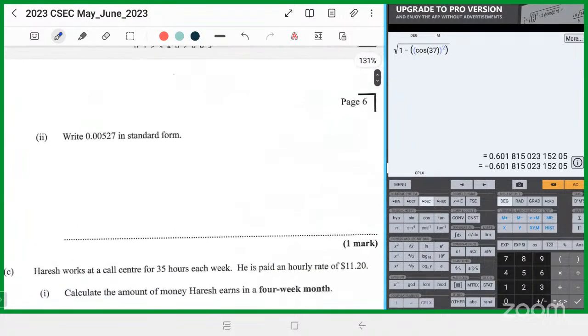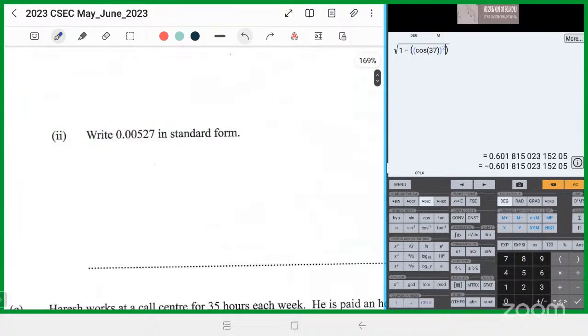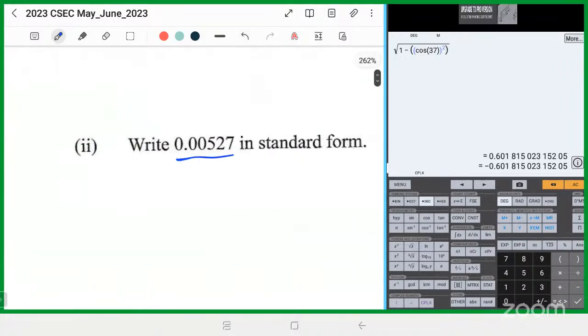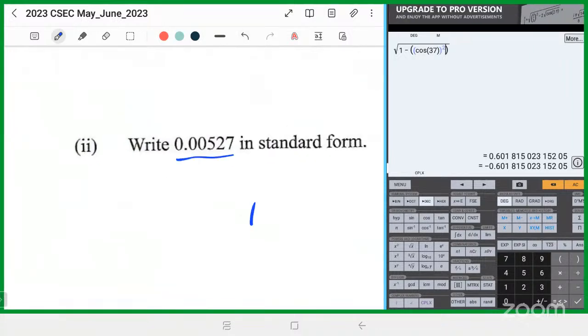Next question. Write this in standard form. Now look here. When the number is so small, you know that the power is always 10 to the minus something. When the number is big, like if it was 527, the number is 10 to the positive something.